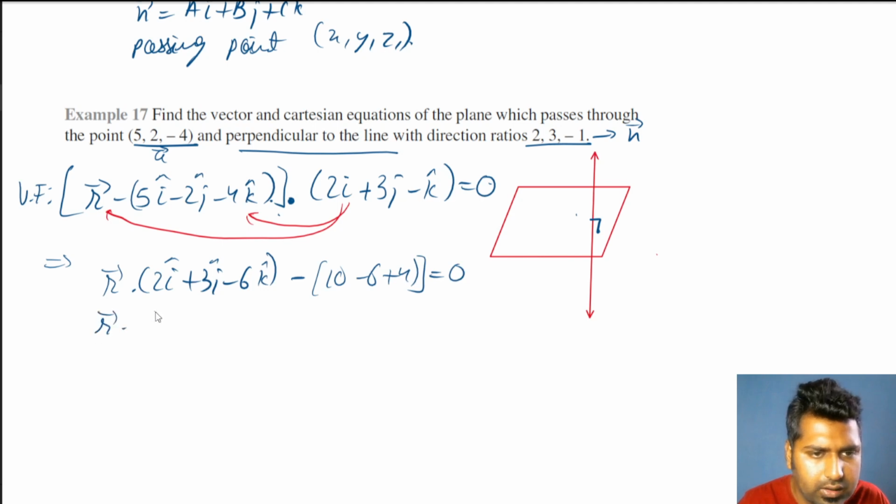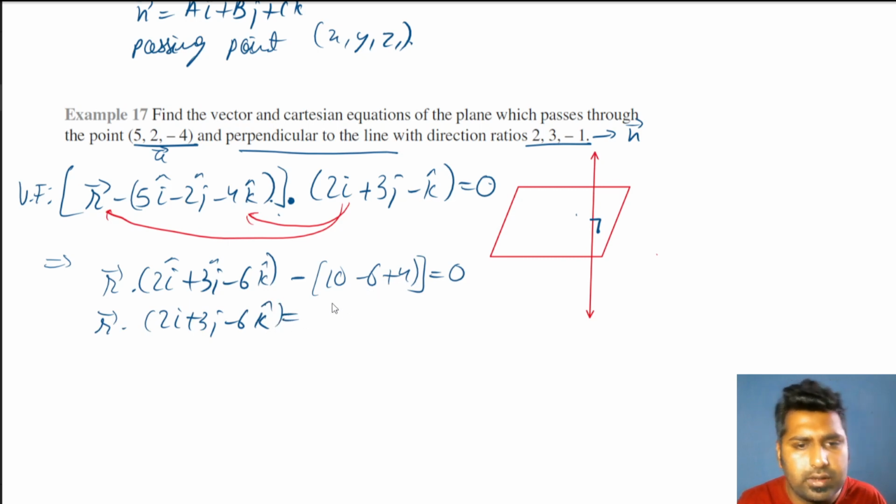So r dot 2i plus 3j minus 6k is equal to 4 plus 4, 8. That's the final answer for the vector form.